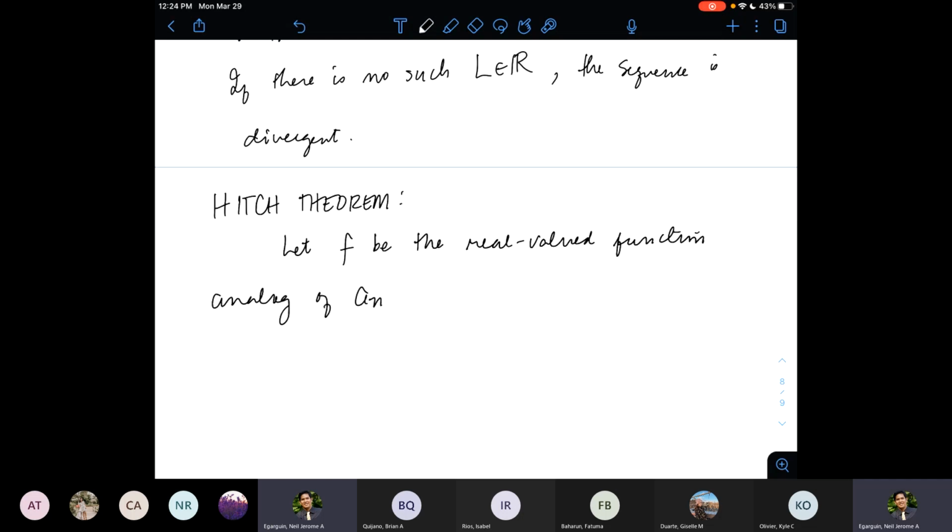Meaning, remember, a_n or sequences, these are functions whose domain is a set of natural numbers. But if you extend the domain and allow any real number to be part of the domain, then the limit of the sequence a_n will be the same as the limit of f of x as x approaches positive infinity.